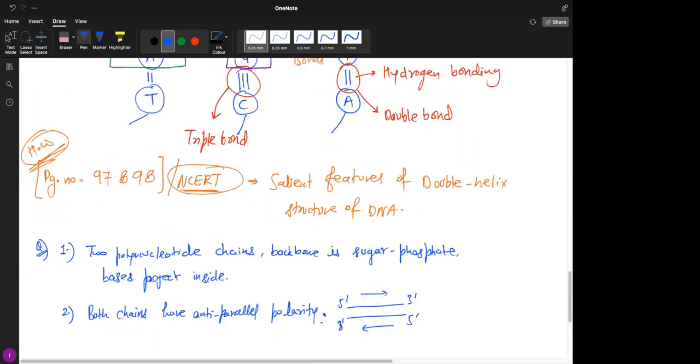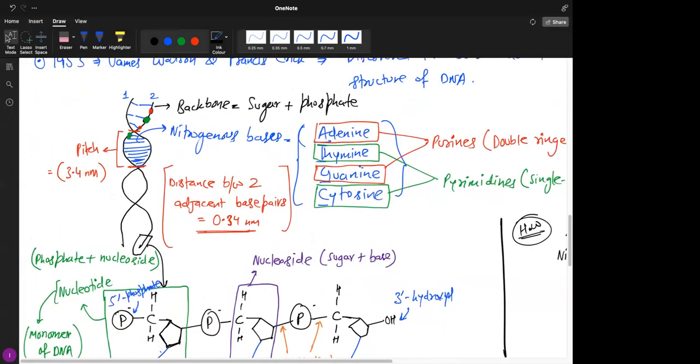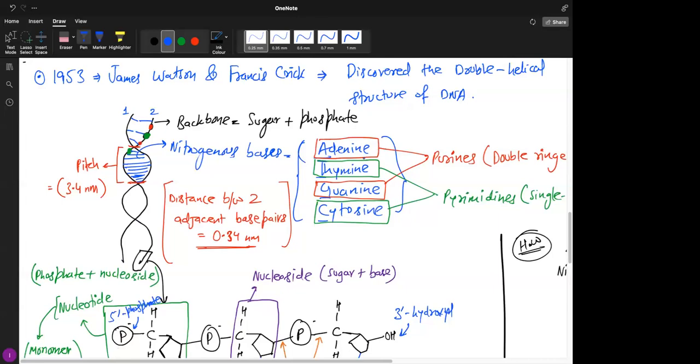But remember, one thing is a little misleading here. I told you that there are 2 purines, adenine and guanine, correct? And there are 2 pyrimidines, thymine and cytosine, correct? Yes. So can it happen that one purine, which is adenine, we know that it forms a bond with thymine, but can it form a bond with cytosine?